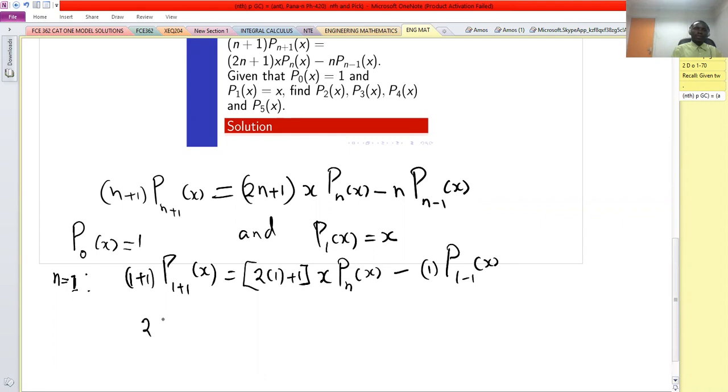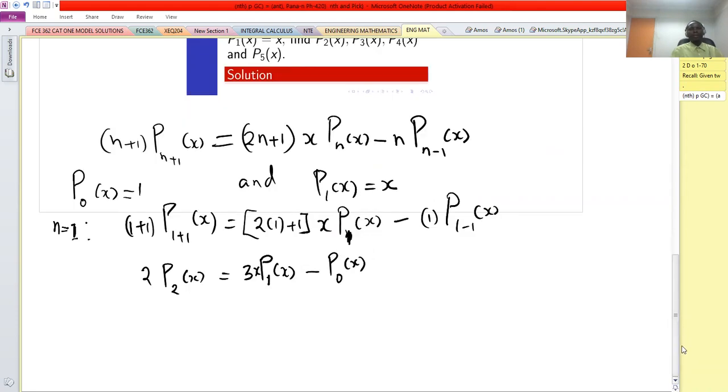This will give us 2 P2 of x equals 2 times 1 plus 1 is 3 times x times P1 of x minus P naught of x. But you have been told that P1 is x, P naught is 1. So 2 P2 of x equals 3x times x minus 1.